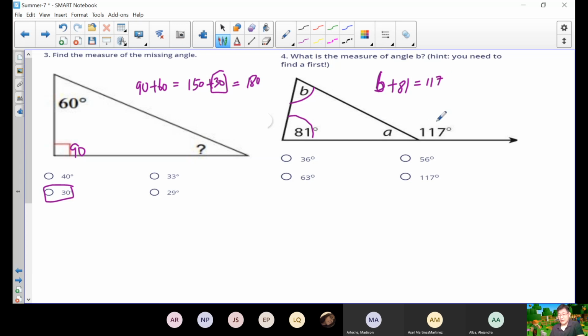You can go directly, right? Subtract 81, and I got 36. Or you can find this missing one, and all together it has to be 180. But we can skip it. Adding these two interior angles is equal to the exterior angle, right? So the answer is 36.